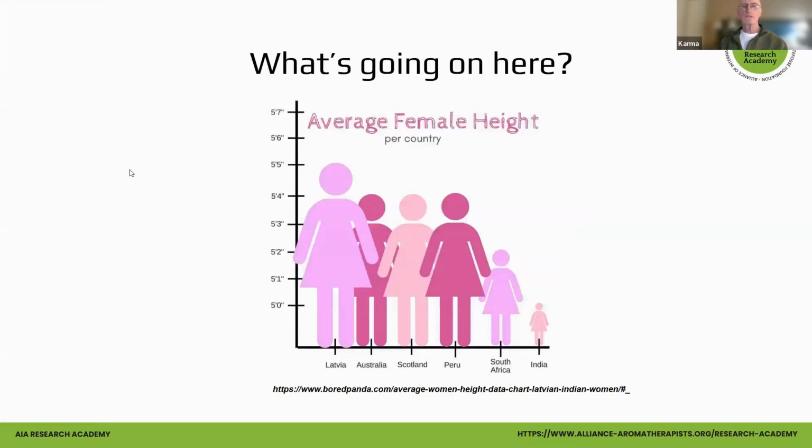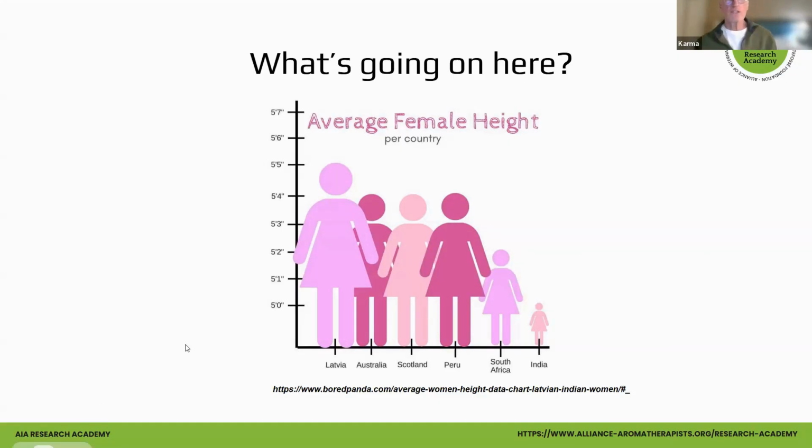Okay, what's going on here? Is this honest? Very tall women in Latvia. And big. But it's only 5 inches from India. Exactly. They truncated the y-axis at about, I don't know, what is this, 4.5 feet or something like that.